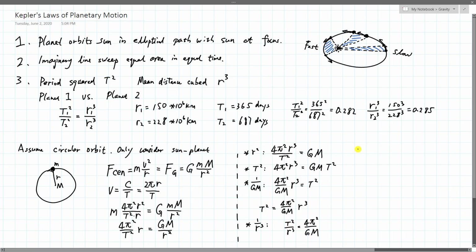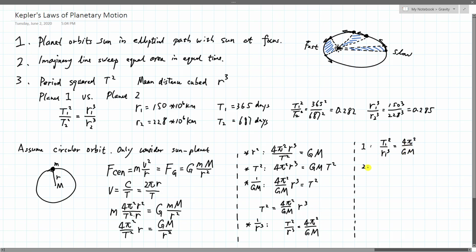So this means if I have two separate planets, I can do two separate fractions. For planet 1, I have t1 squared over r1 cubed, and that is equal to 4 pi squared over gm.